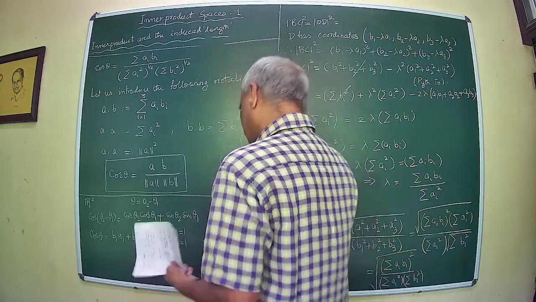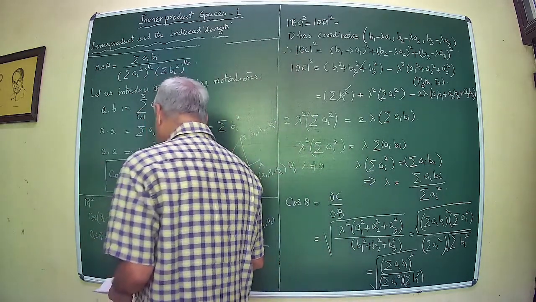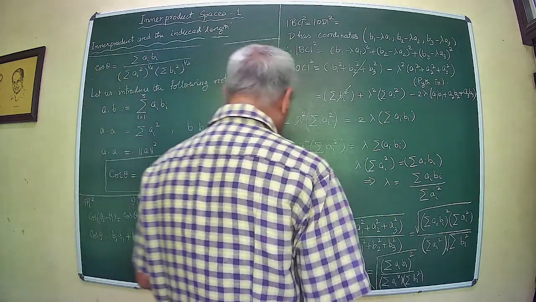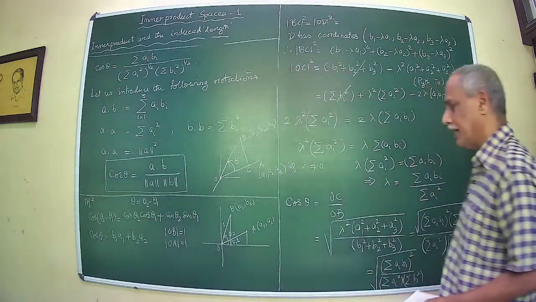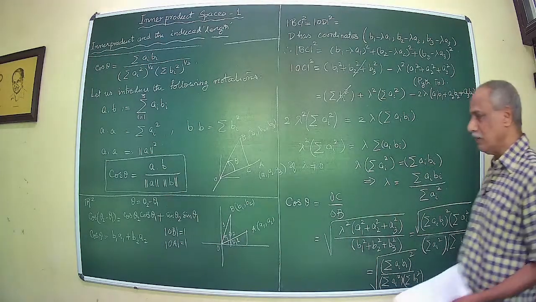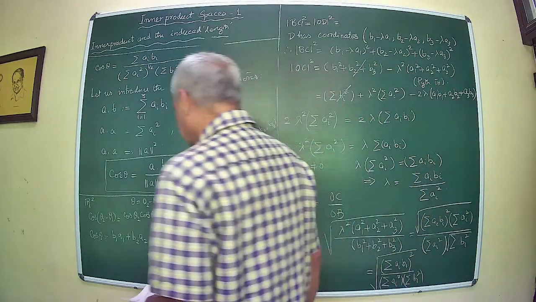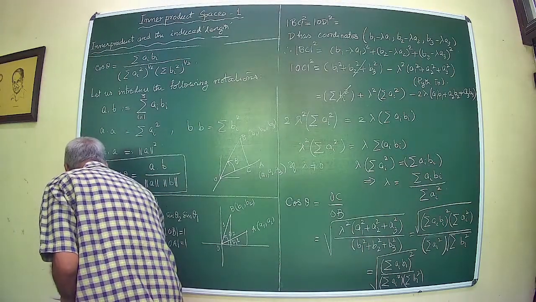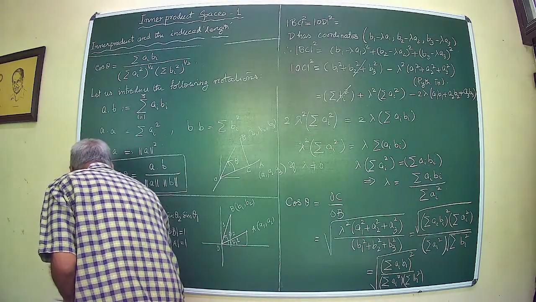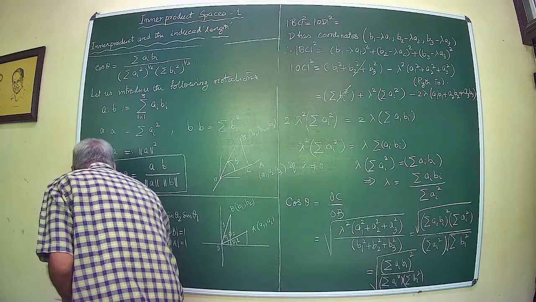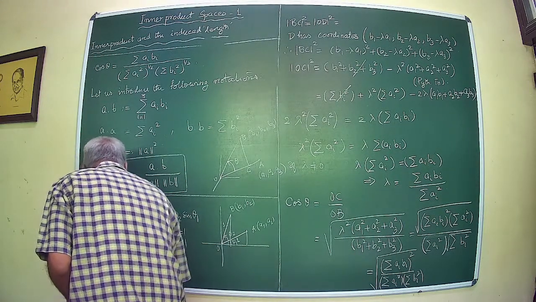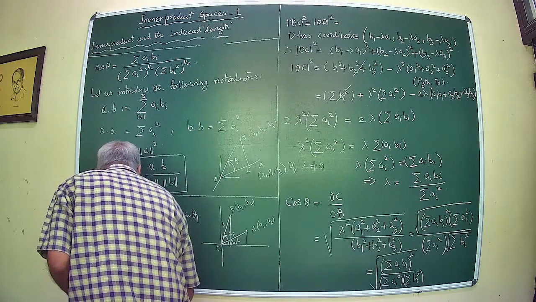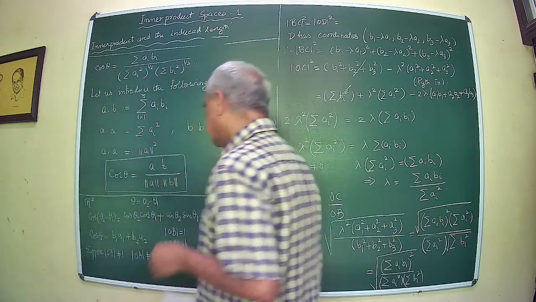Now it is quite easy to see in the general case. Suppose the length of OB is not equal to 1, the length of OA is not equal to 1. You can define vectors not necessarily equal to 1.